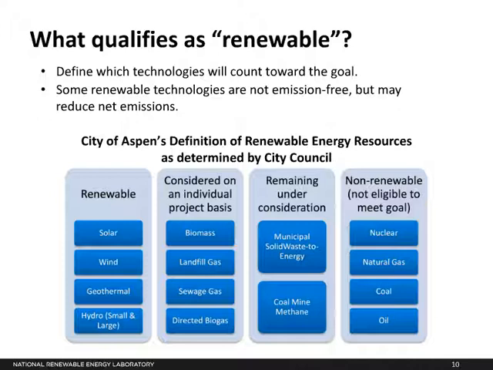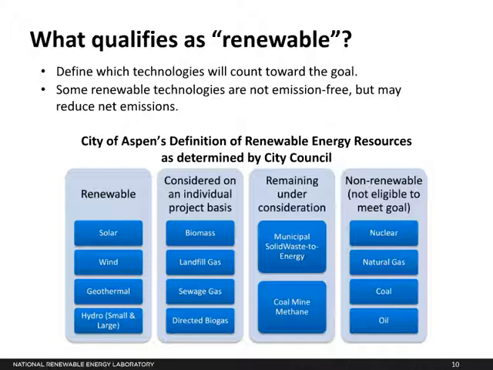The graphic shown here indicates the definition of renewable energy that the city of Aspen, Colorado came to during a city council process. The council considered the basic differences between the technologies that they would likely need to consider and choose between, and they prioritized them in terms of their desirability.